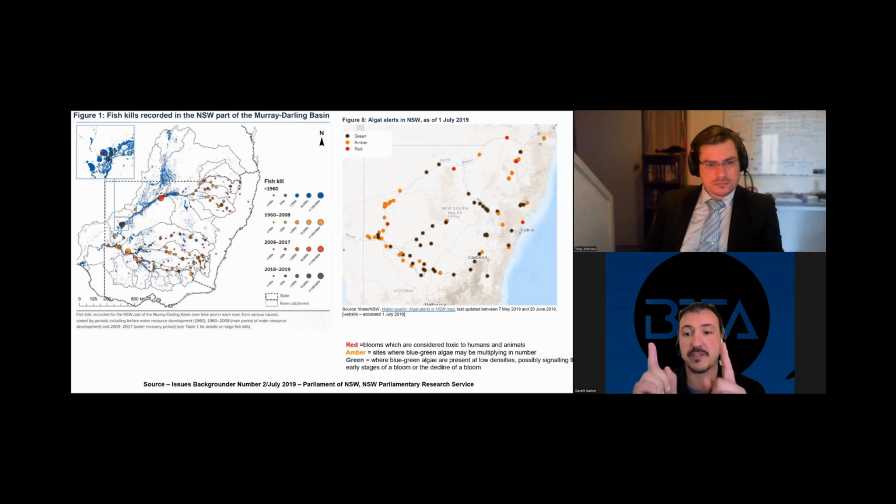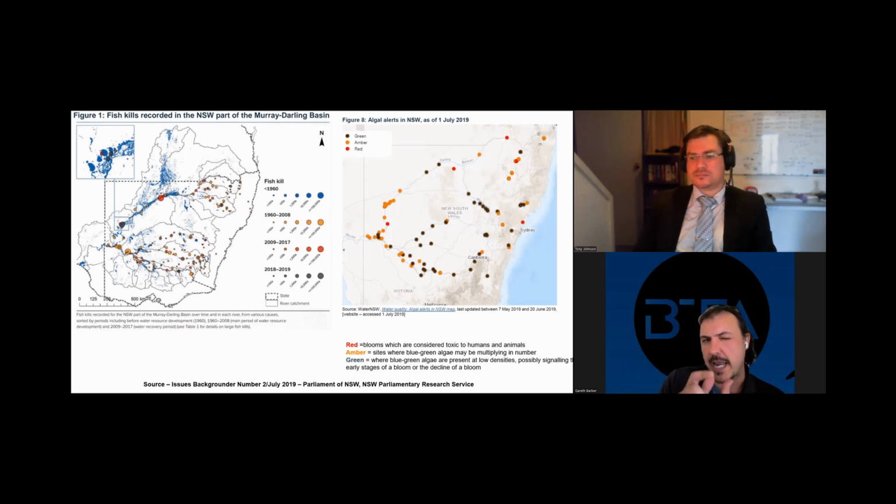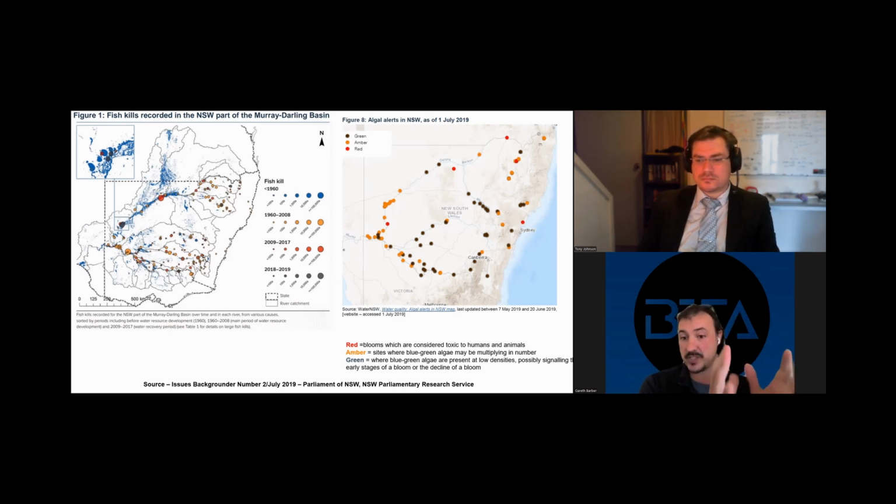Now, the most important thing to realize here is that in frequency and size, we're probably looking at maybe 30% less data points on that map, Tony. Yeah, but it's in a period of 8 years, not 48.